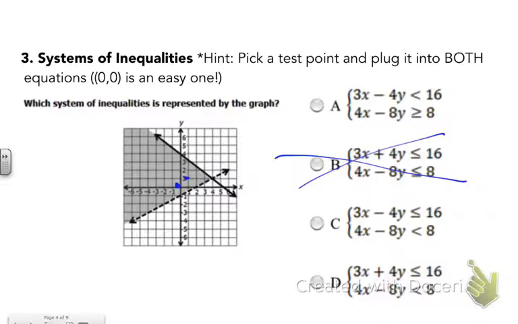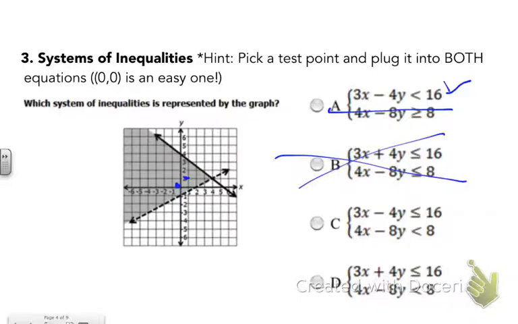So for A, if I plug in 0, 0, well, 0 is less than 16, but 0 is not greater than 8. So it can't be A. The last two, if you plug in 0 to both, it actually makes both true. So I'm going to plug in 1, 1 and see what happens. So if I plug in 1, I get 3 minus 4 is negative 1.